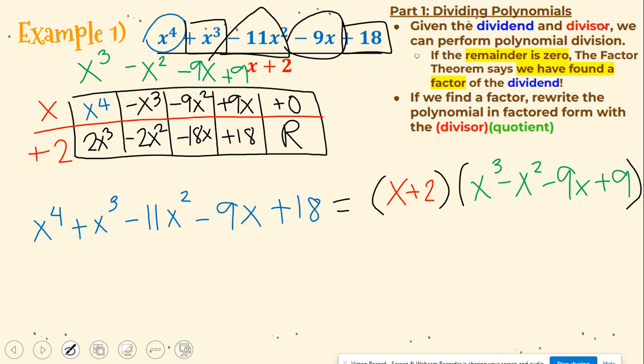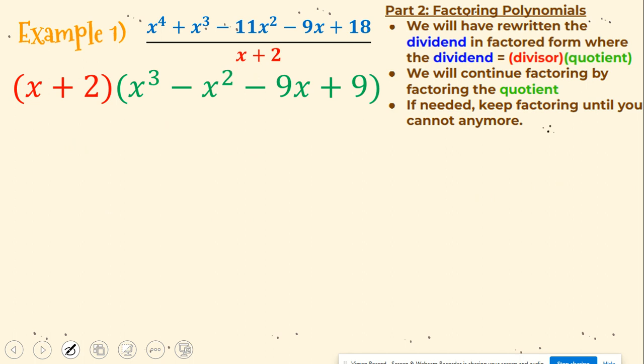So I just rewrote my original polynomial in factored form. I started to factor by using division. That's pretty crazy. So now that I have it factored, I need to keep factoring more.